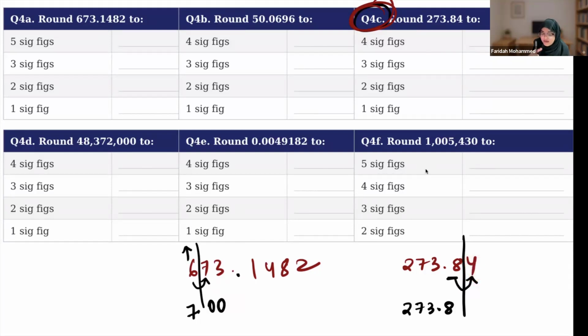After decimal, you will not write it down. Before decimal, you're going to make it 0. Okay?